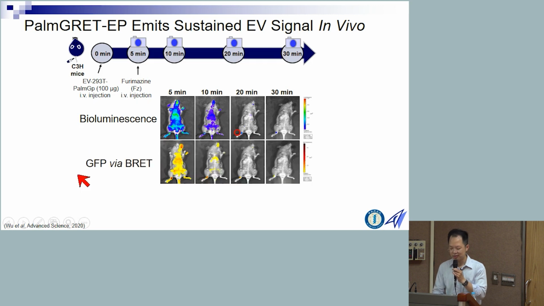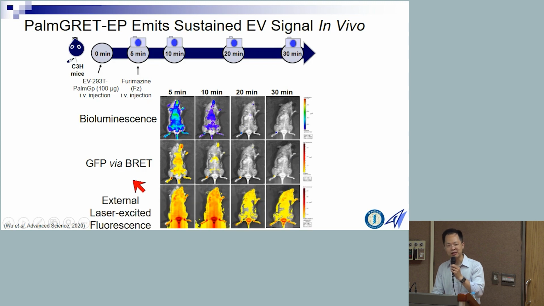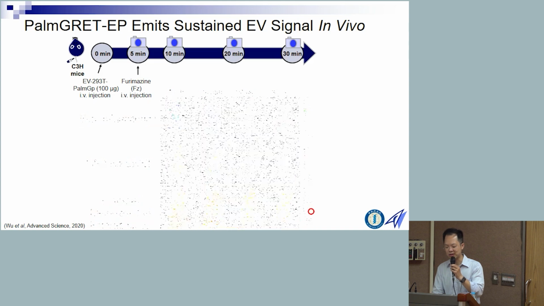And not only that, this is actually the GFP signal that we got by BRET. This is how ugly it looks if you use external excitation. You basically can't track much at all. So we thought, this is awesome. I think we can actually do some in vivo work now.